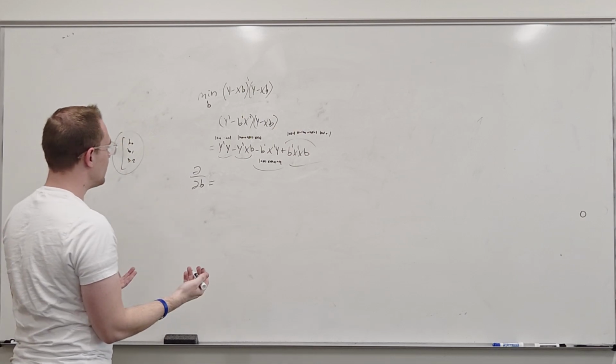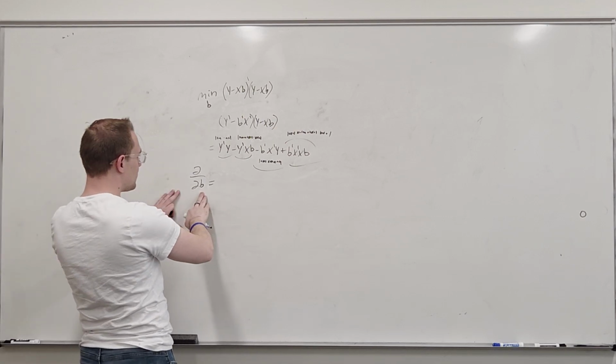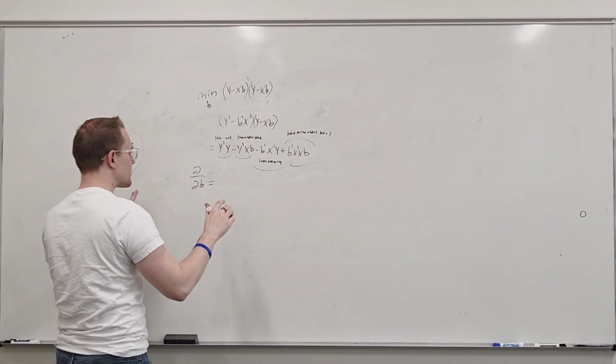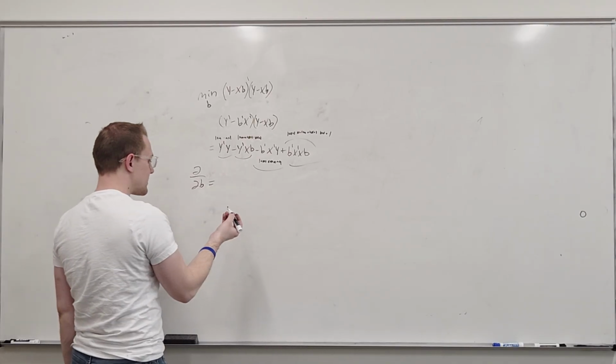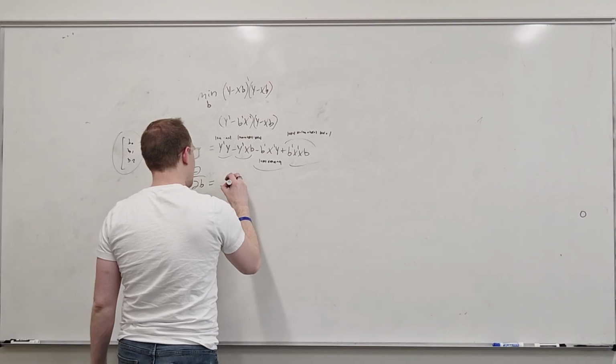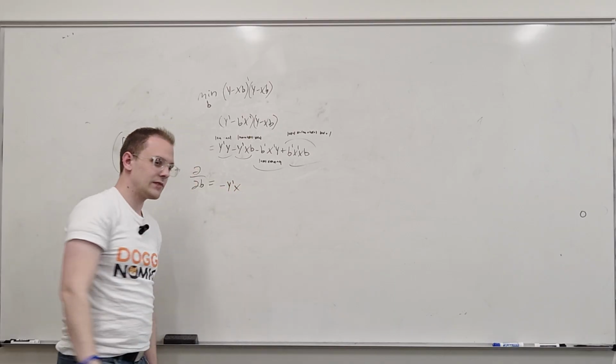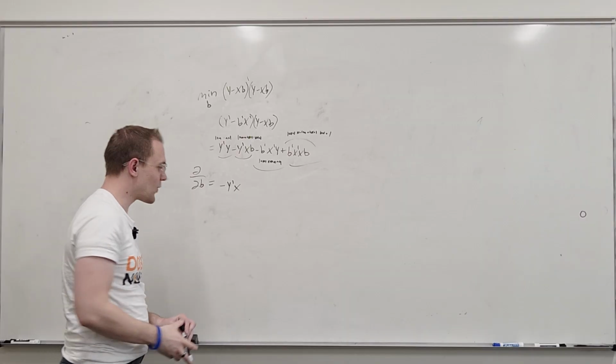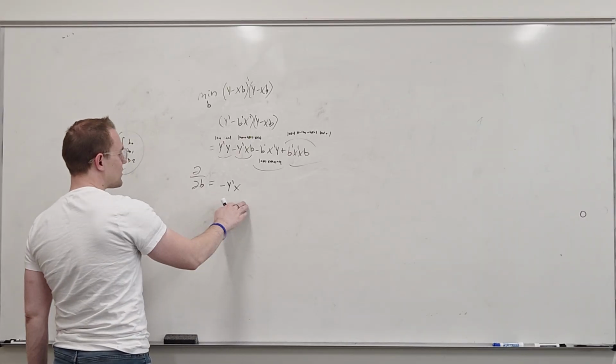All right, now I say that because of this. If I take my derivative with respect to b, is there a b in y transpose y? No, so I don't touch that. That just disappears. Is there a b in y transpose x? Yes. So I might write negative y transpose x. This is something somebody could potentially do. And what is y transpose x?